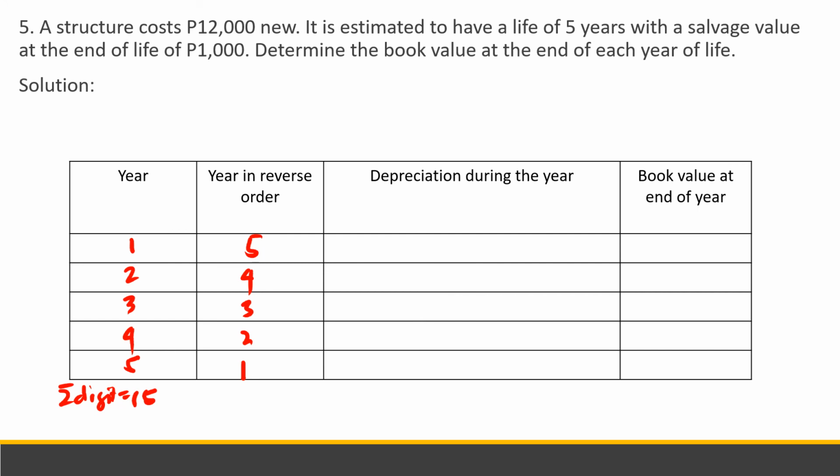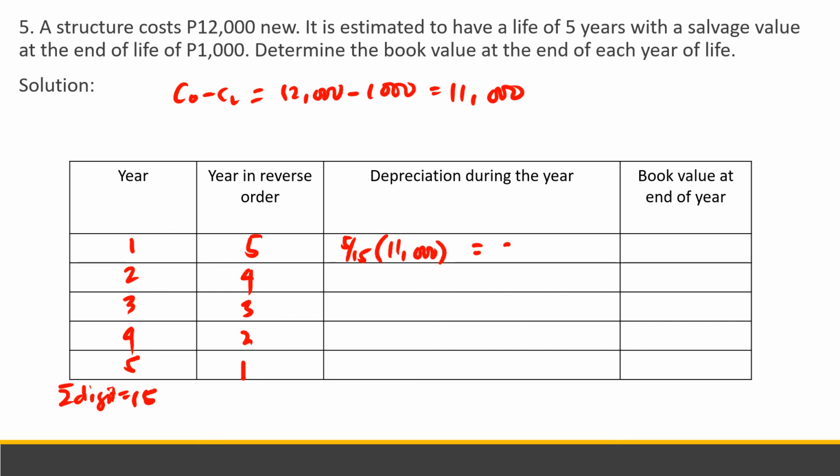So to find the depreciation, you multiply the ratio or depreciation factor 5 over 15 multiplied by CO minus CL. So CO minus CL is equals to 12,000 minus 1,000. So or that is 11,000 pesos.